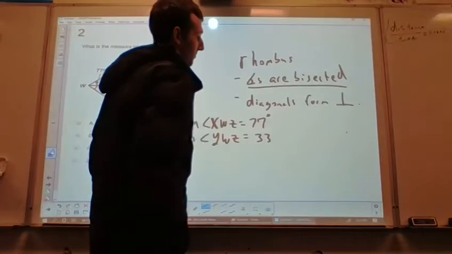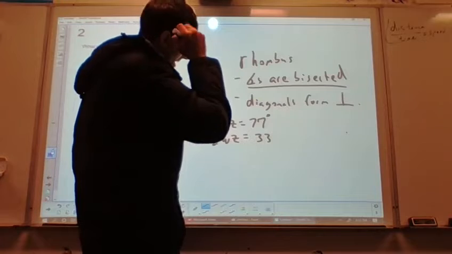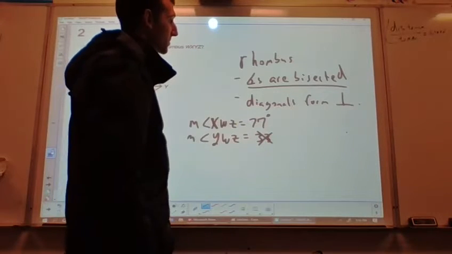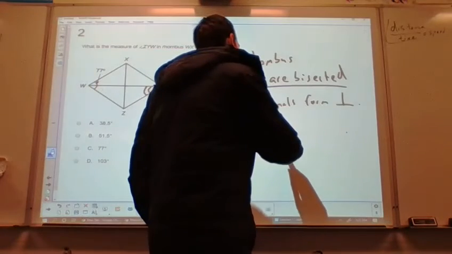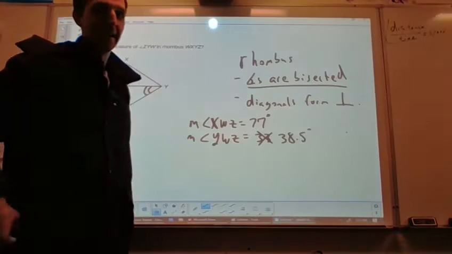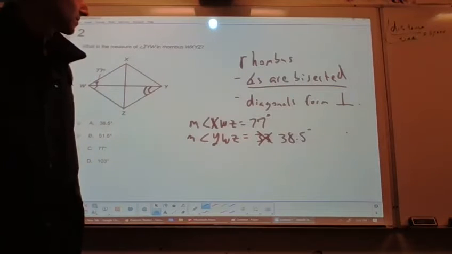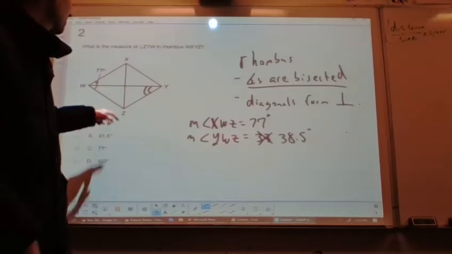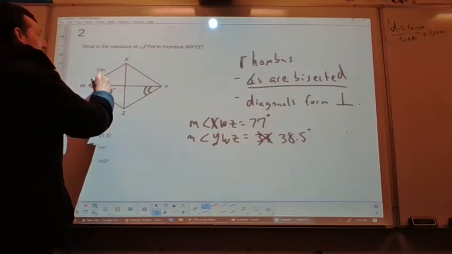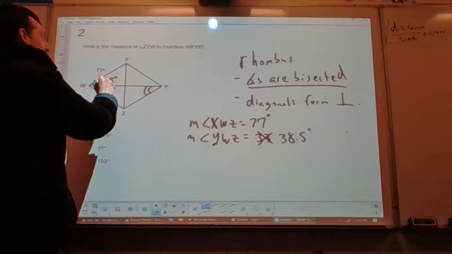Okay, no, that's wrong. Scratch that, it's 38 and a half. Let me check my arithmetic there. 38 and a half. So we have a 38 and a half degree angle here. And on the other side, it's also going to be 38 and a half because it adds up to 77.